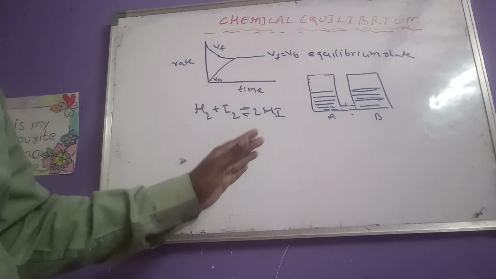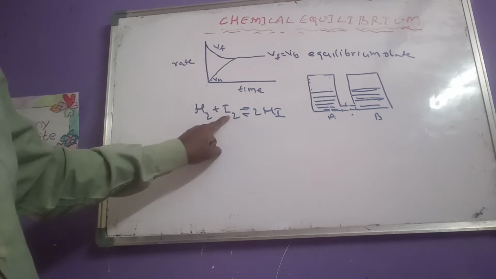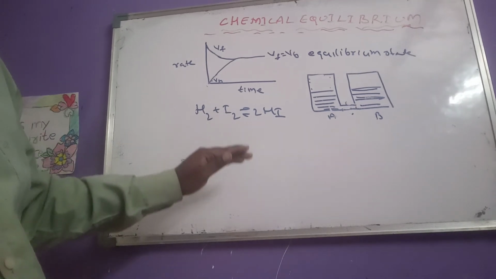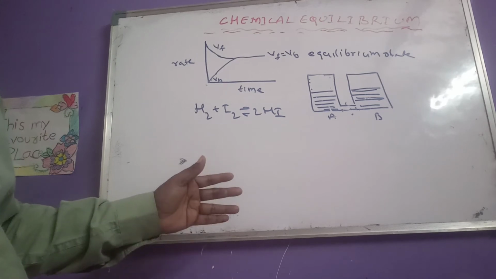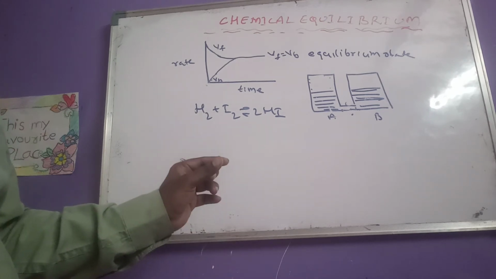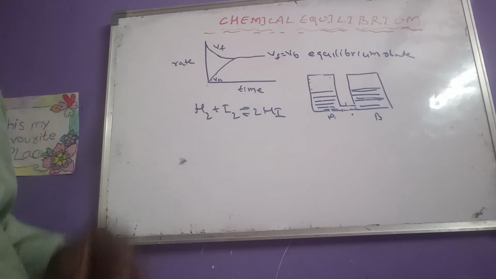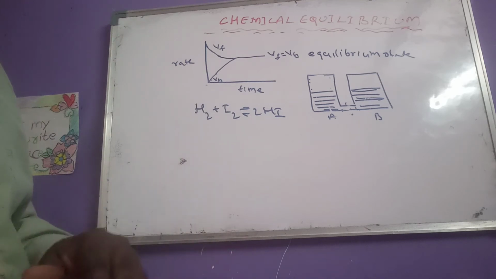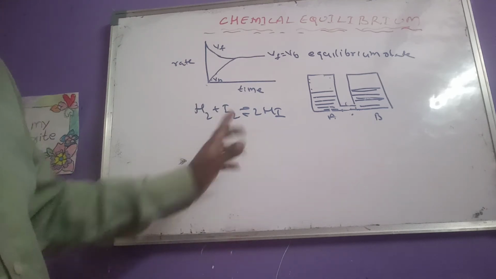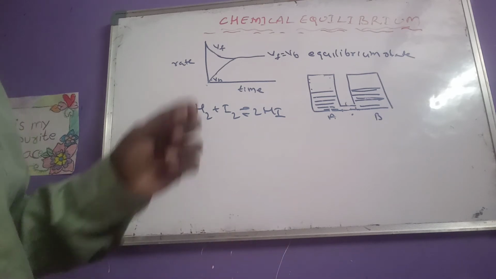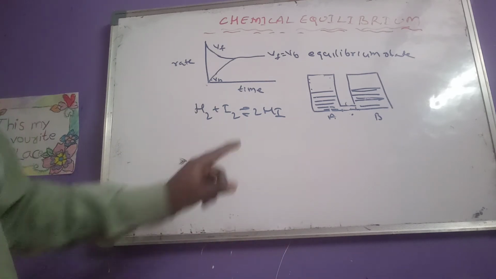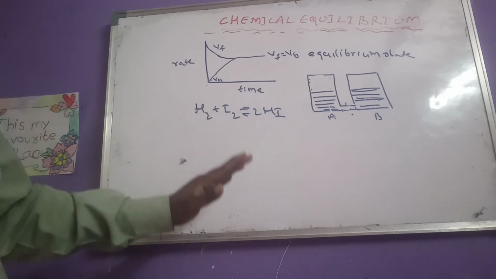As the reaction proceeds, the thickness of this blue color decreases. But after some time, a constant color is maintained for a long time. That means there is no increase or decrease in the color of the iodine or the reaction mixture. That indicates what here? Equilibrium is established.